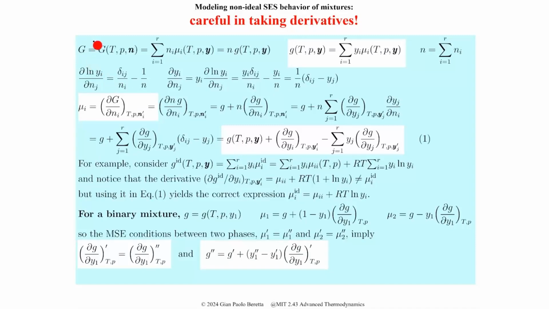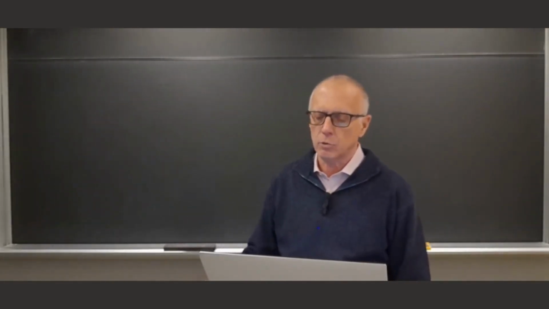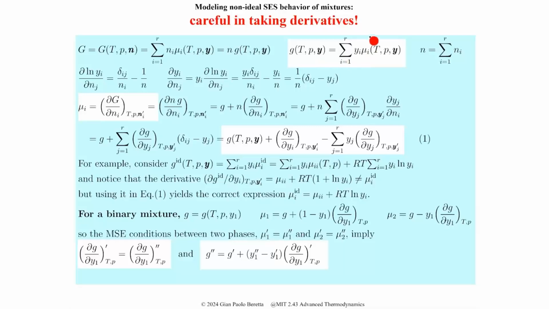All right, so our models will give expressions for the Gibbs free energy, and you can express the Gibbs free energy as the total value or the specific value. And of course, if we are talking about large systems with large numbers of particles, we can apply the Euler relation: the specific Gibbs free energy can be written as the weighted sum of the chemical potentials, weighted by the mole fractions of the components.